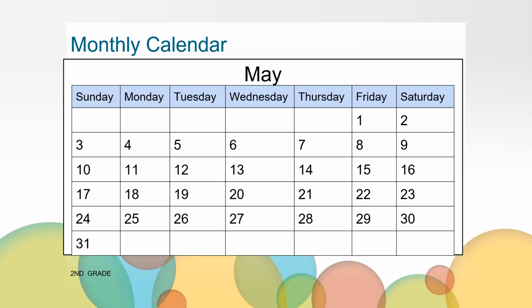Friday, Saturday, and Sundays each happen 5 times in May. How did you do? Are you still saying answers out loud with me?